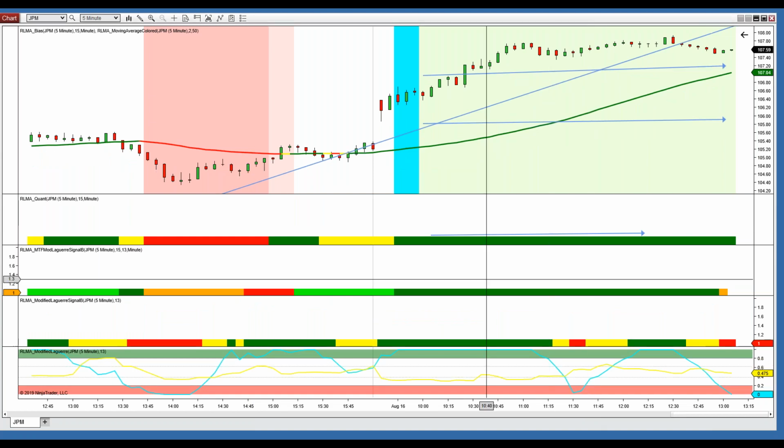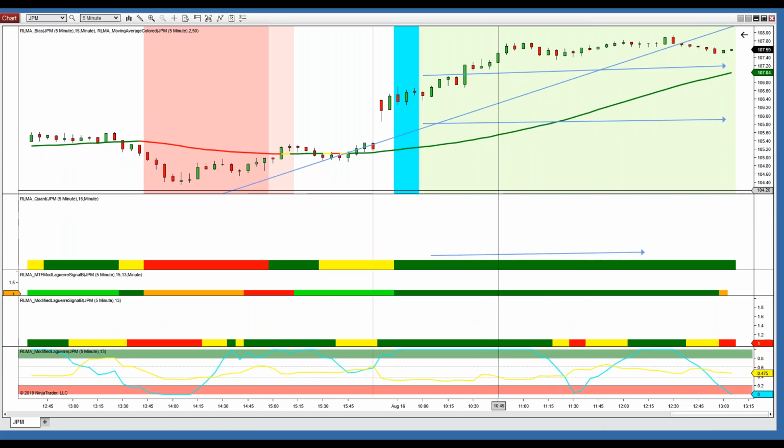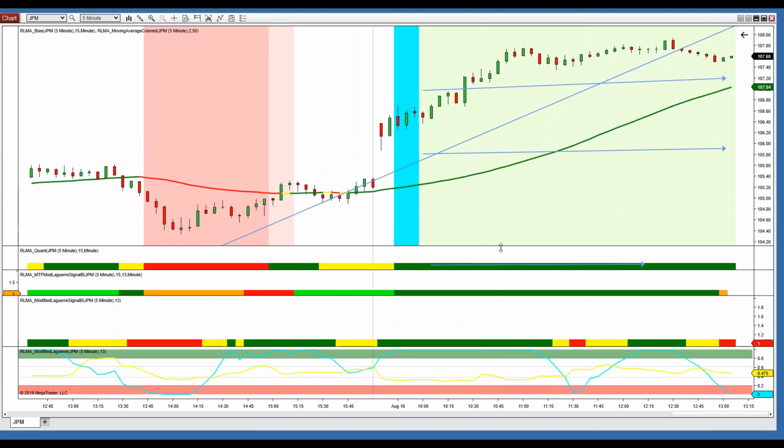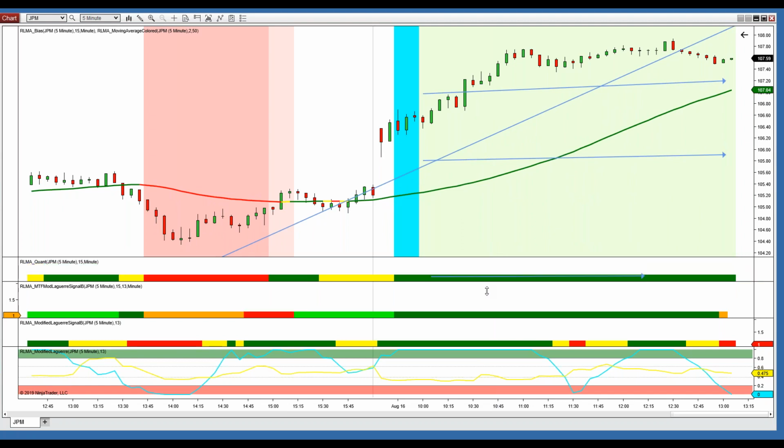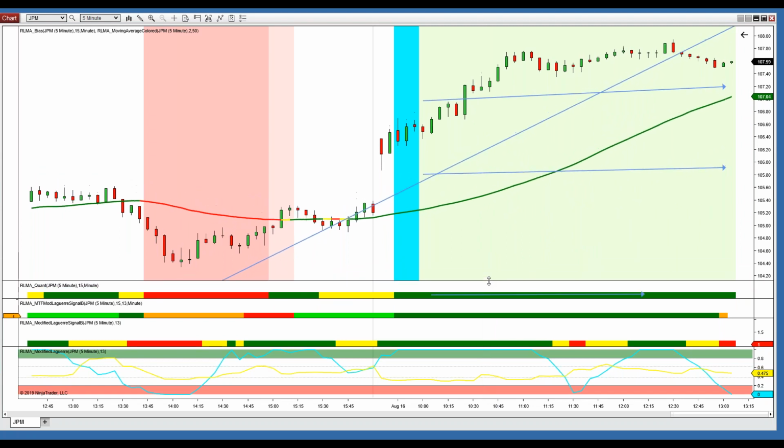Now we're set. Okay. Now the second line, and you can see this is the quant that's specific, or the money flow line that's specific for JP Morgan. You can see it indicated right there.